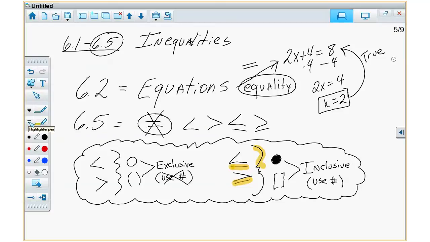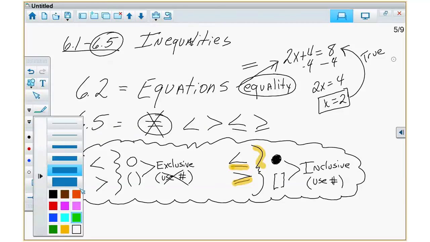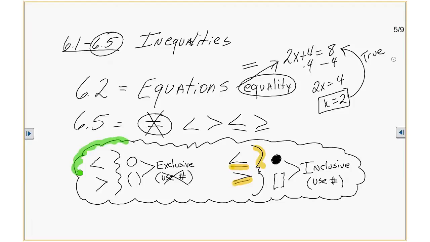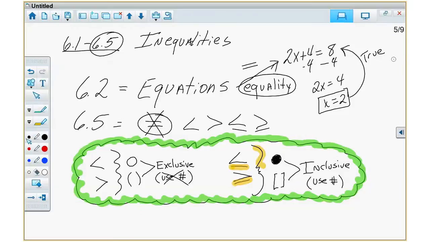So I'm going to mark this in green, because that means that not only is it important, but if you don't learn it, you're not going to be able to go forward. So one of my little pieces of advice to you in this section is go home and make sure you have this memorized. Okay?